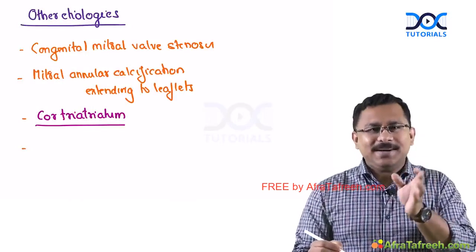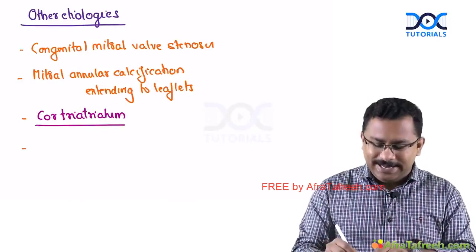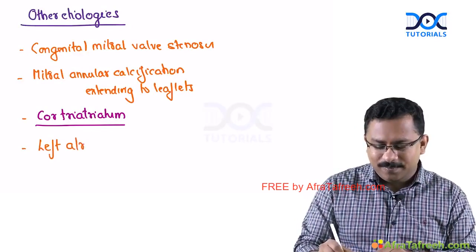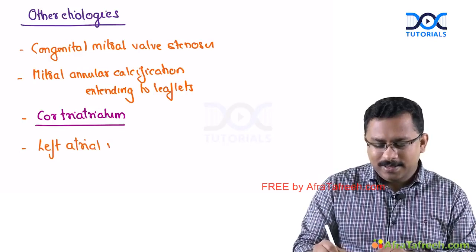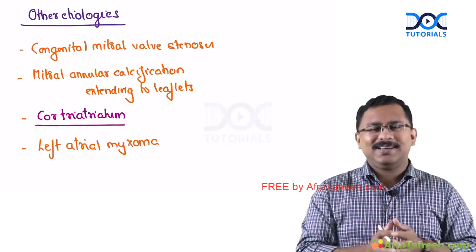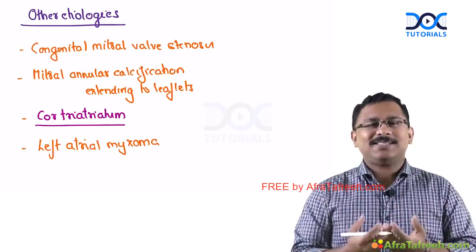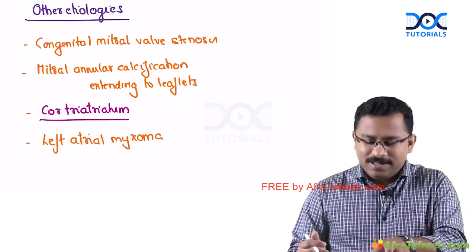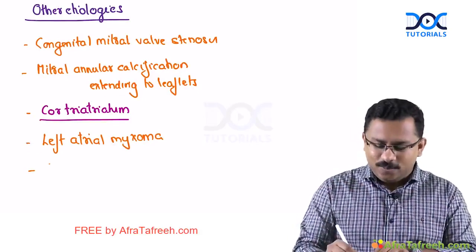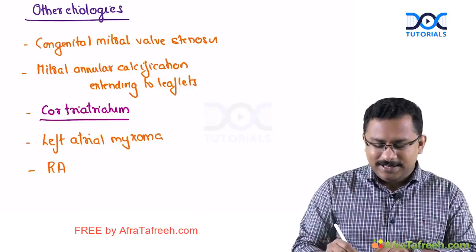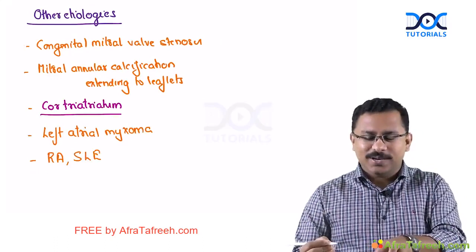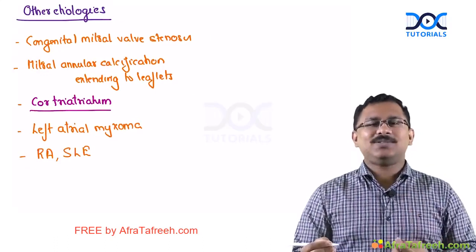You can have MS associated with conditions like left atrial myxoma leading on to a stenosis. Then conditions affecting connective tissue like rheumatoid arthritis, even systemic lupus erythematosus, can also lead on to mitral stenosis.